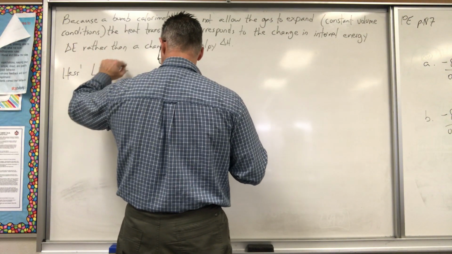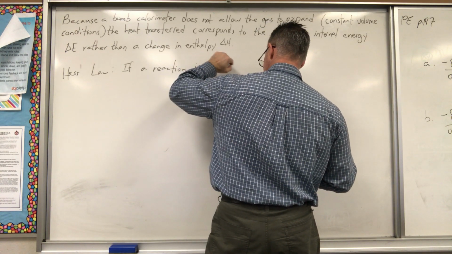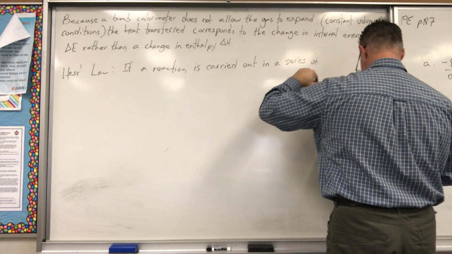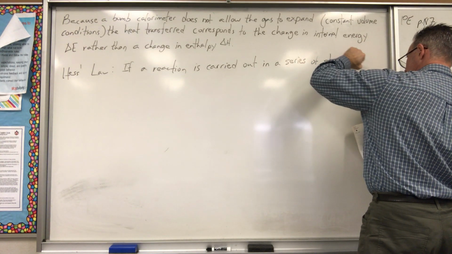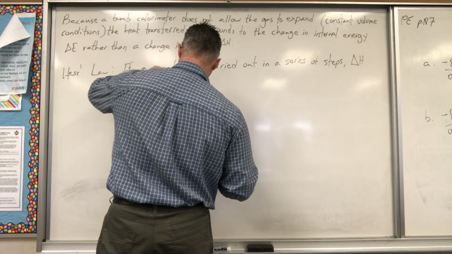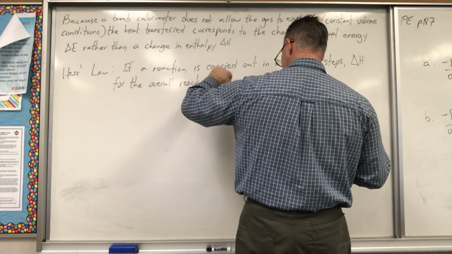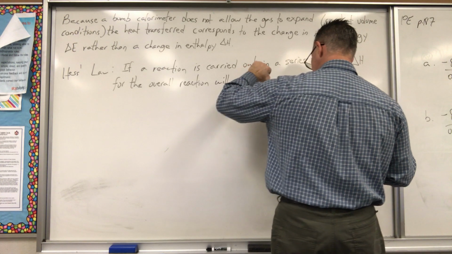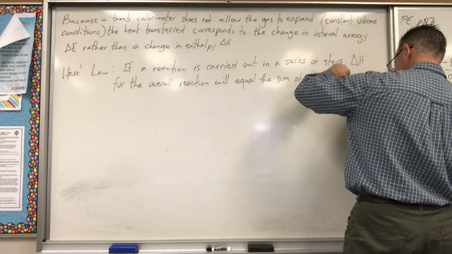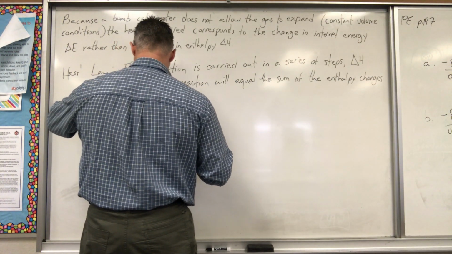If a reaction is carried out in a series of steps, delta H for the overall reaction will equal the sum of the enthalpy changes for the individual steps.